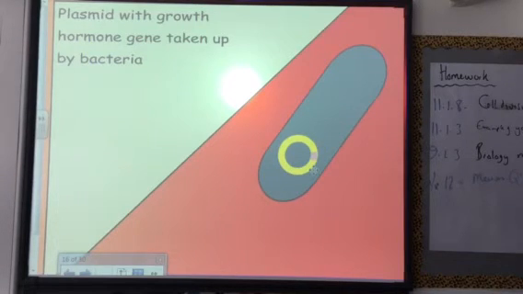And the bacteria then read that gene and they're like, oh, supposedly I've got to make the protein that makes humans tall. Where's that come from? Oh, well, it's in my instructions. It's in my DNA, so I better make it. And the bacteria then start to make the protein that makes a person tall.